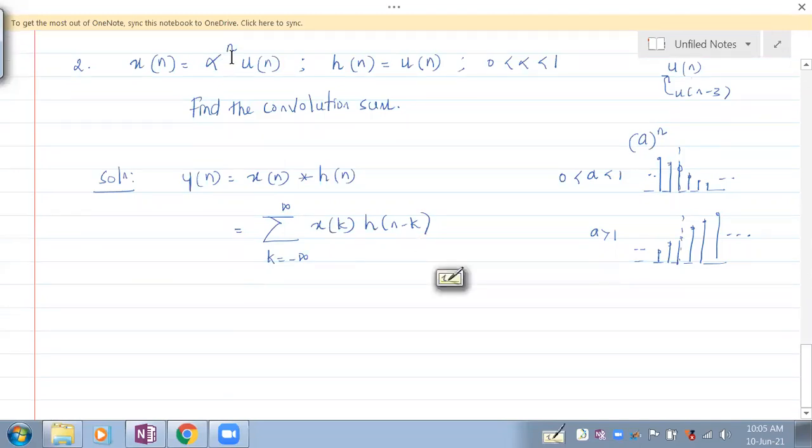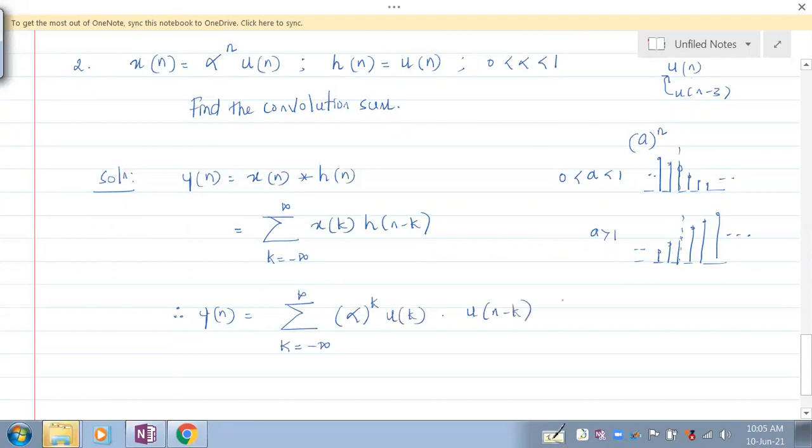This is alpha power k into u of k, and this is u of n minus k. Therefore y of n would now look like summation k from minus infinity to plus infinity, alpha power k into u of k, into u of n minus k. So call this equation number 1.